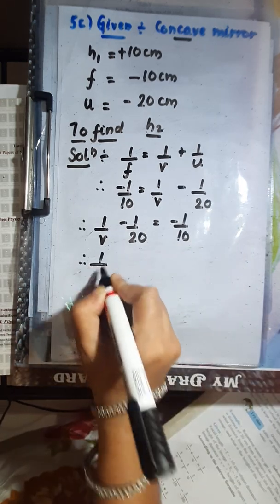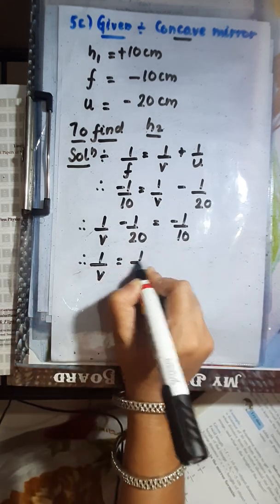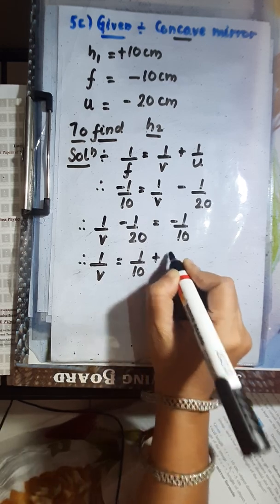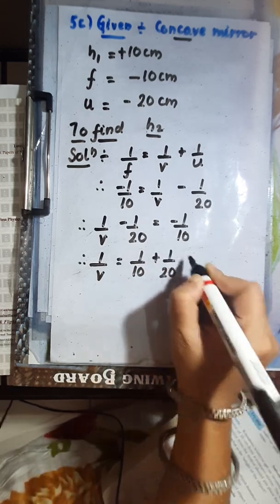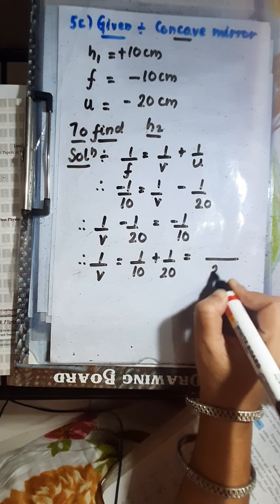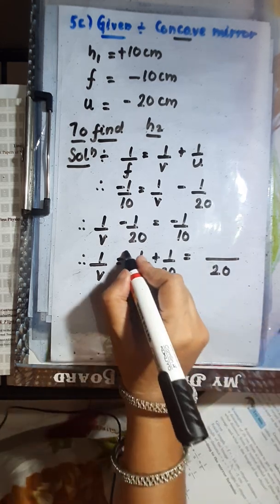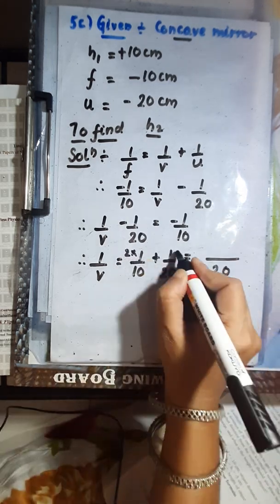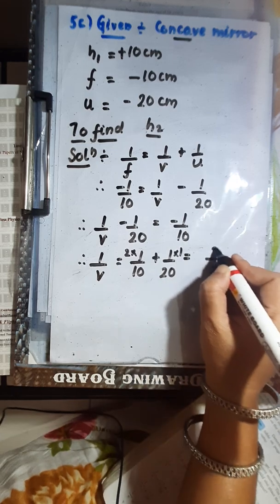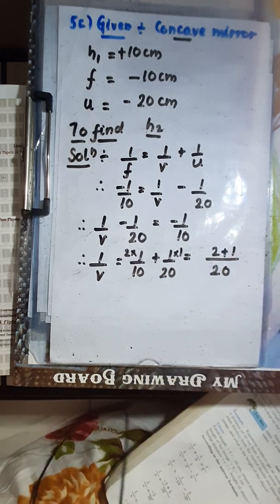Therefore 1 upon V is equal to 1 upon 10 plus 1 upon 20. What is the LCM? The LCM is 20. That becomes 2 plus 1.